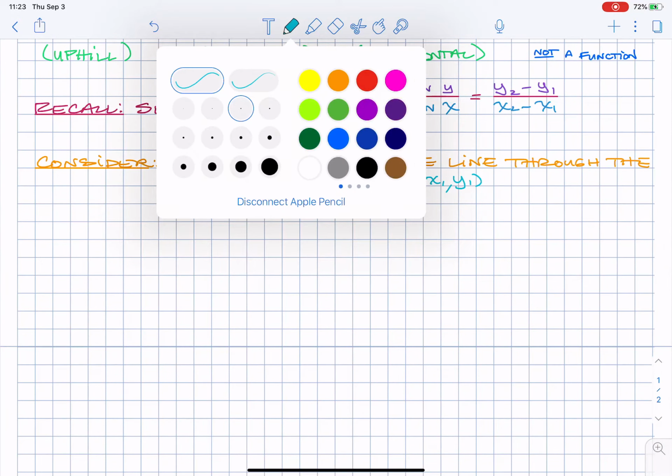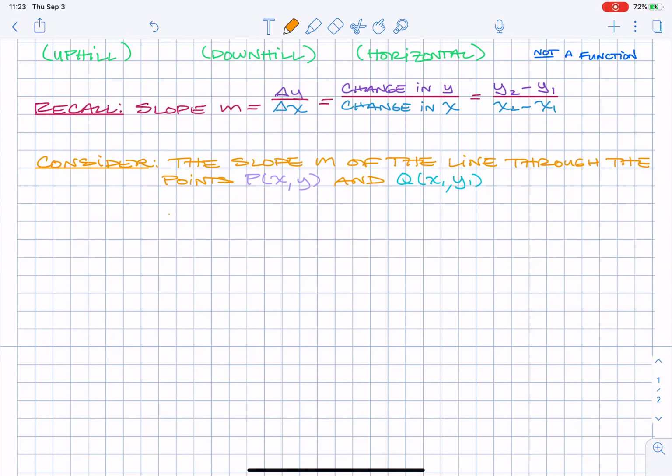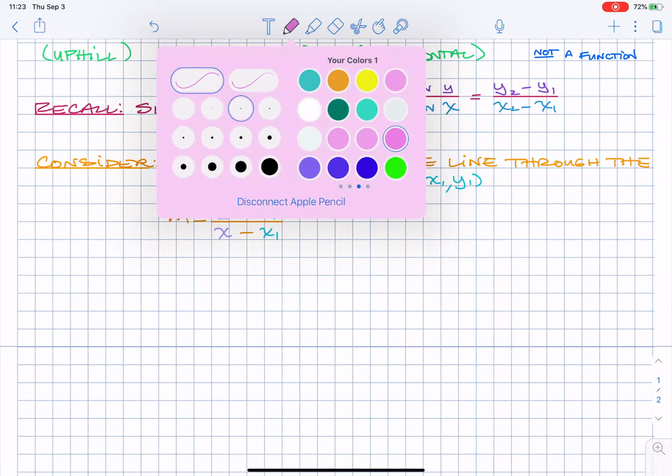Then the slope m, which is the change in y over the change in x. So we know it's going to be the second y coordinate in our case. Well, let's make it the purple guy. So y and x will make the second, y1 and x1 will make the first. Not that it matters.